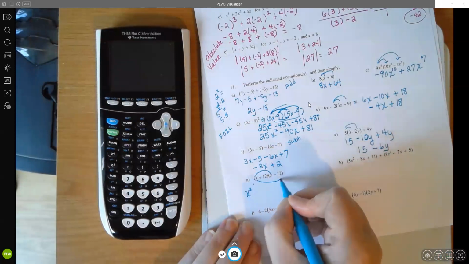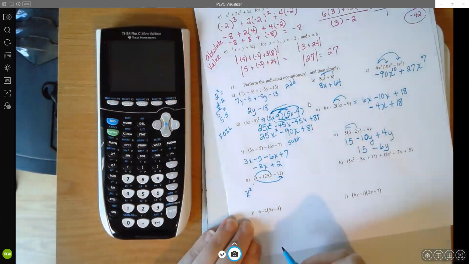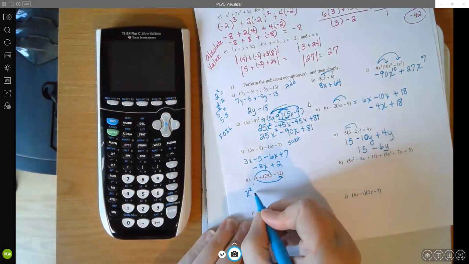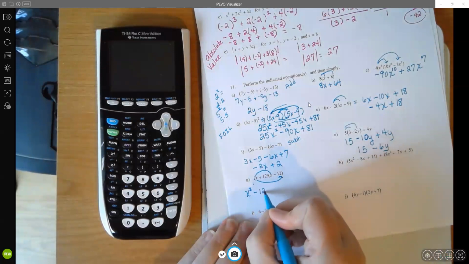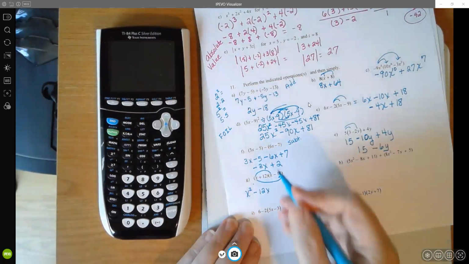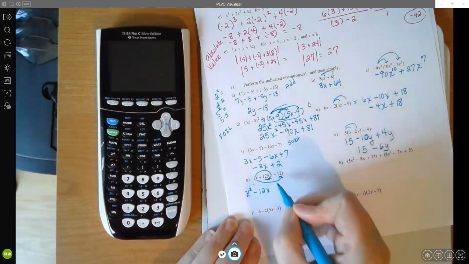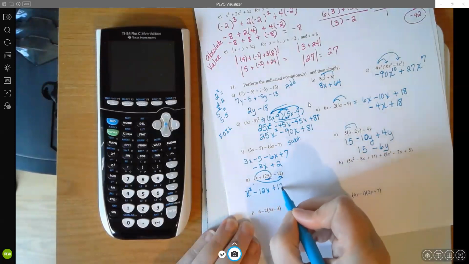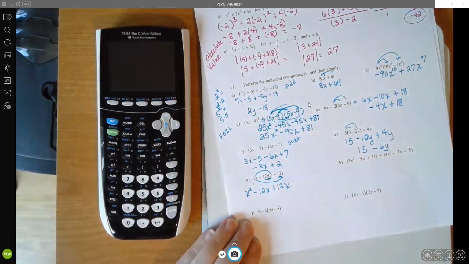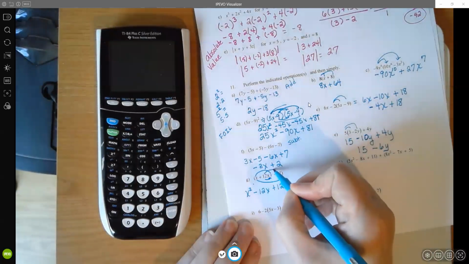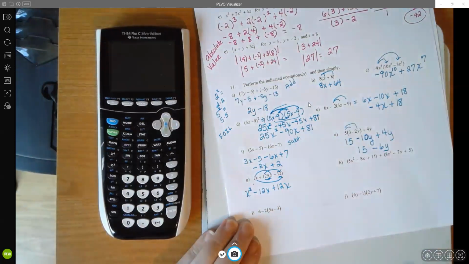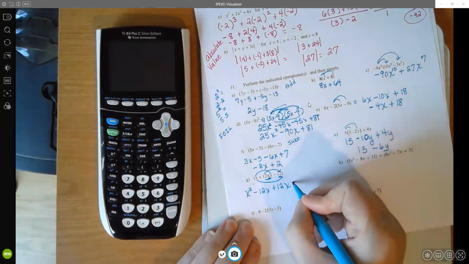Then x times the last term, which would be my outside terms, which would be minus 12x. Then the positive 12 gets multiplied by both terms. The first one, which would be positive 12x, a positive 12 times x is a positive 12x. And then that positive 12 times the negative 12 for my last terms, which would be a negative 144.